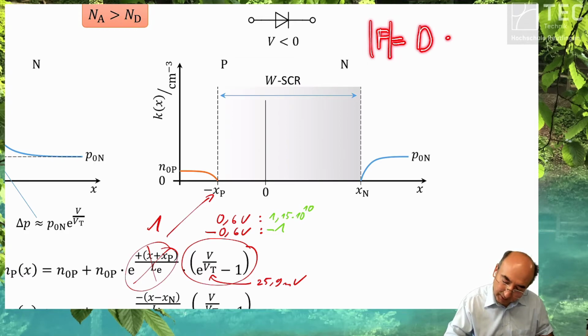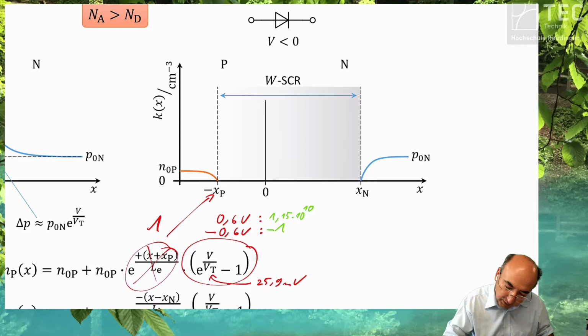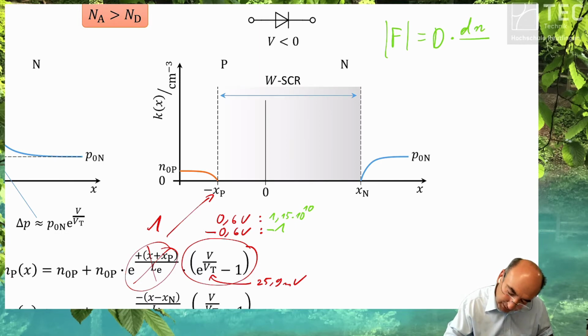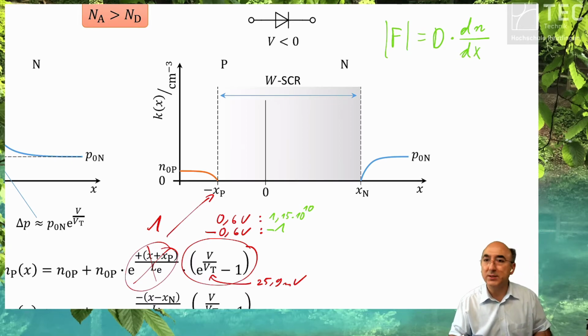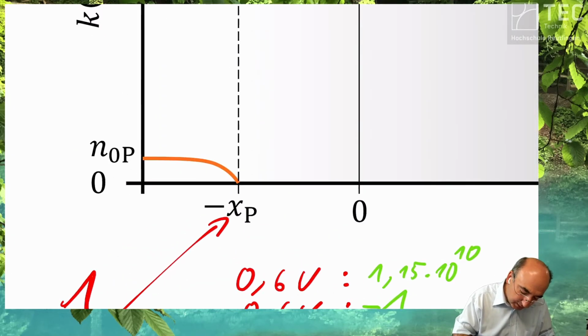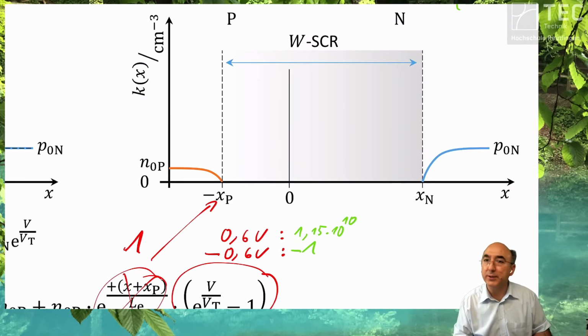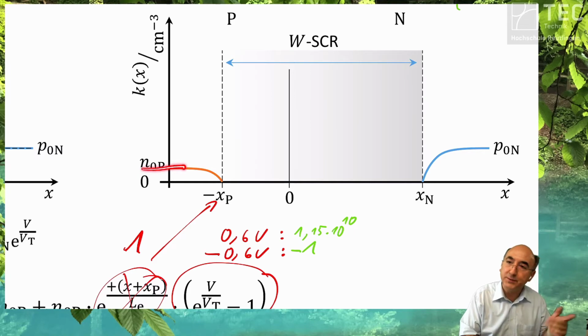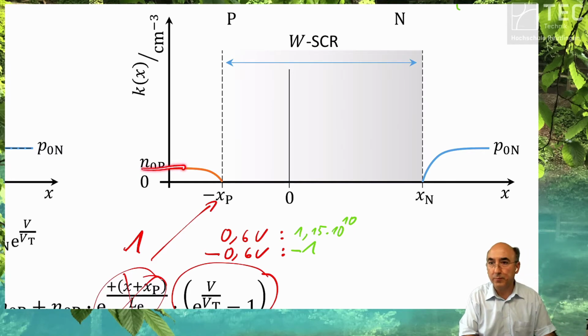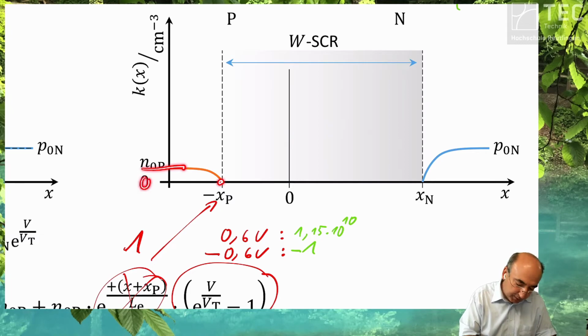The flow is the diffusion coefficient times the change of your, let's say, electrons as a function of the location. Does this slope change if you increase your reverse bias? No, because this level is fixed by your doping. This level is fixed by 0.